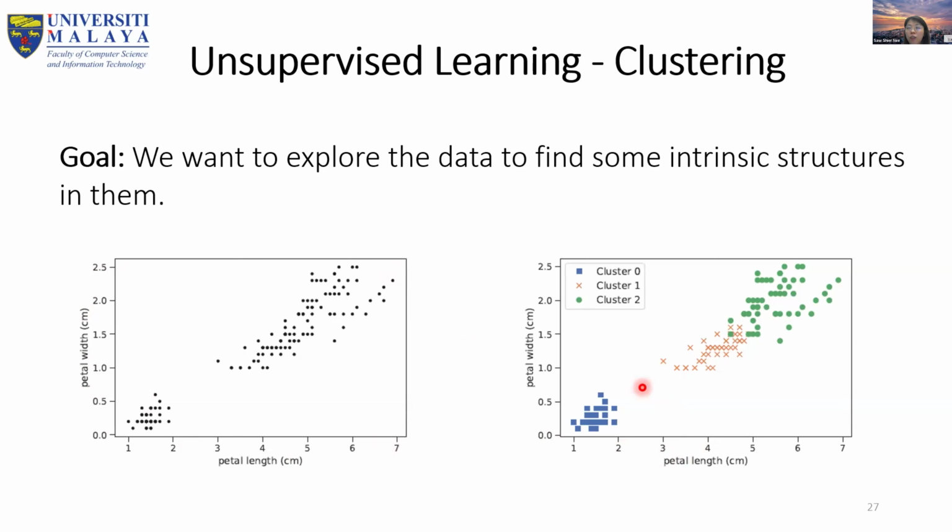Imagine we have a bunch of students and we want to classify them into 2 groups. Perhaps the characteristic we can see is male and female, so we group them into 2 different groups. But we do not have the labeling. It's purely based on the similarities of their characteristics, and then we group them into the same group.